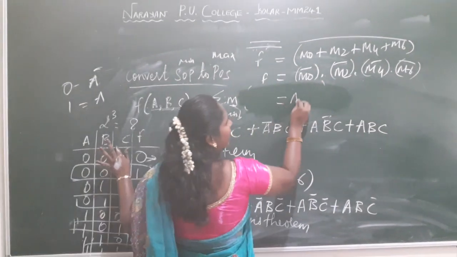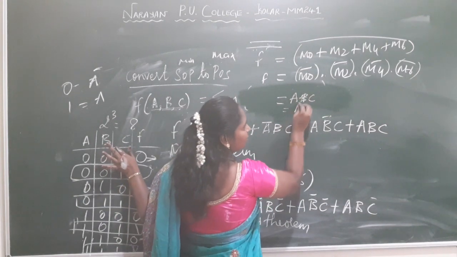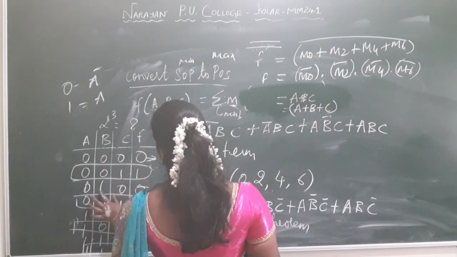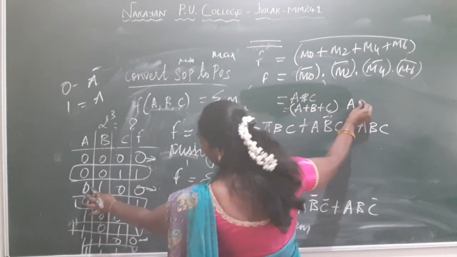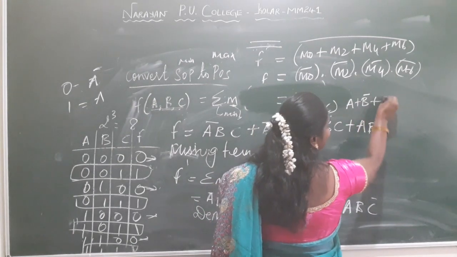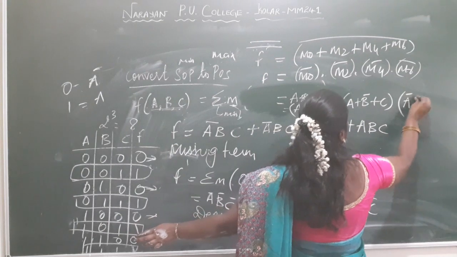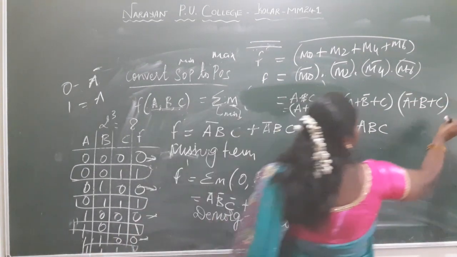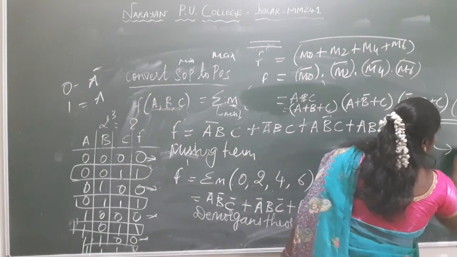Complementing this one, it becomes A plus B plus C. Next M2: A as it is plus B bar plus C. Next, for 4 I am taking A bar plus B plus C. Next, 6: A bar plus B bar plus C. This is your POS form.